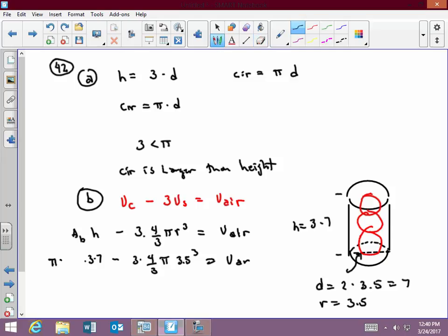The radius is 3.5 squared. Then the height is 3 times 7. And I got 3.5 over here. So this is going to cancel. So I'll get it down to numbers. 3.5 squared. This will be 21, right? Mm-hmm. Minus 4 pi 3.5 cubed.